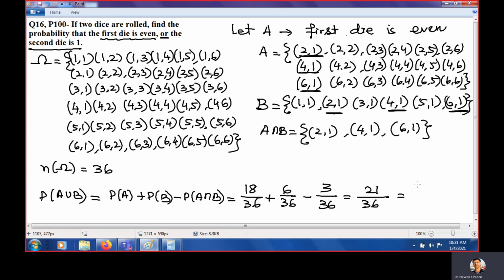Divide by 3 just to make it smallest. 3 times 7 is 21 and 12 times 3 is 36. So the probability that we will get first die even or second die is 1 is 7 upon 12. This is how you can solve it.